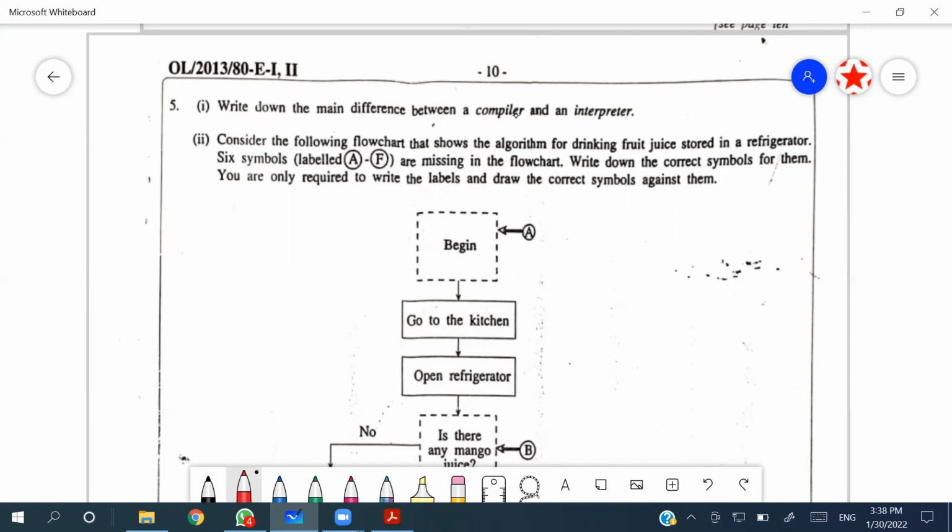Because of that, interpreter-related programming languages will start execution quickly compared to compiler programs.